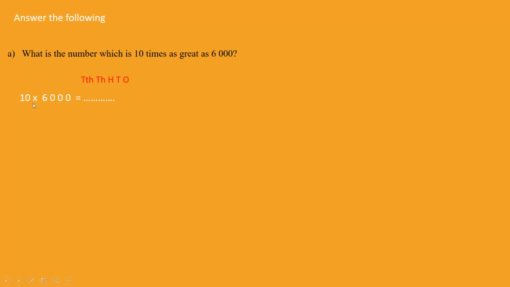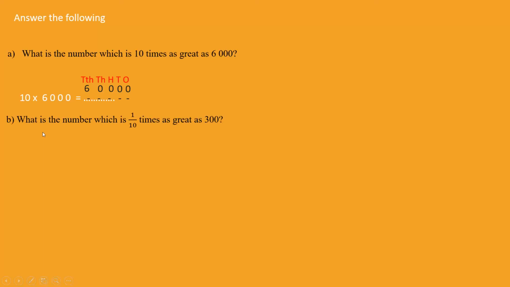Then when we multiply by 10, we move to the left. So 6 moves to the next door, which is 10,000, so it will be 60,000. And we know from before we can put 0, so we can put all 0s.